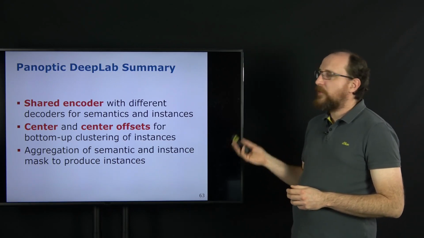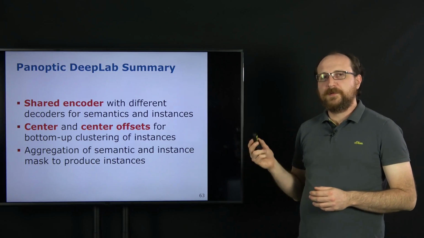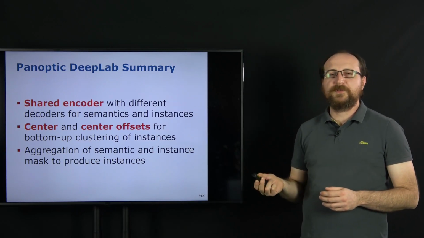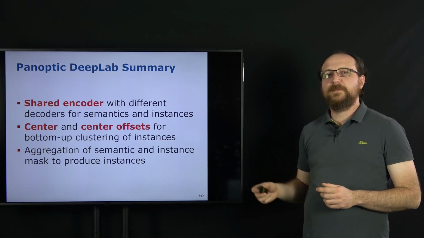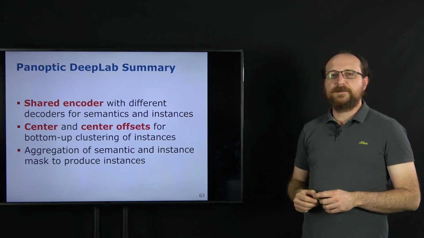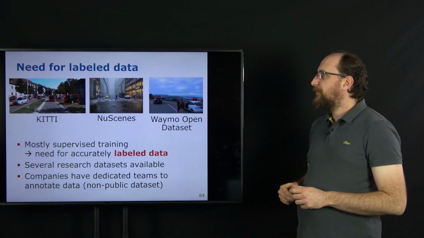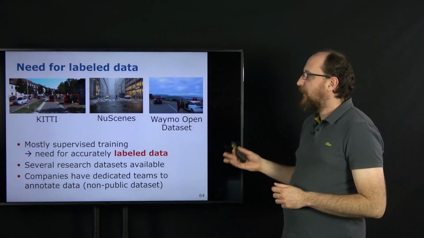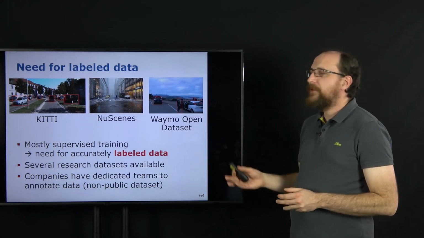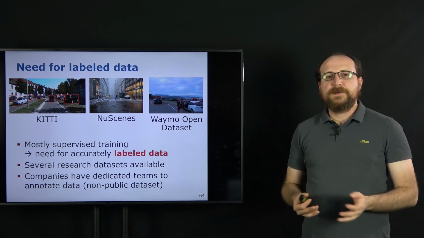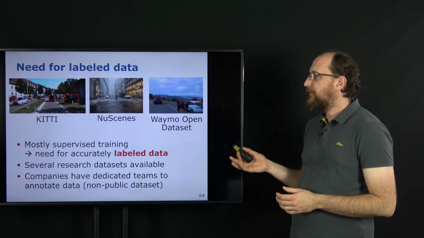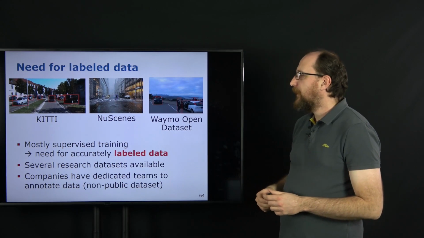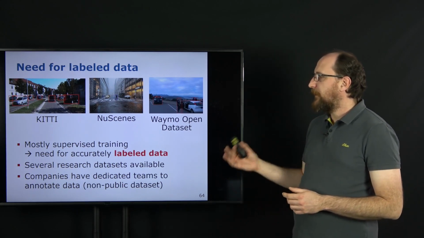With this, I want to come now to the part where we talked about perception tasks, and maybe talk a little bit more about the high-level ideas. One important thing that you may have noticed is that we need labels for basically everything. We are mostly using supervised training, so that means we need accurately labeled data.